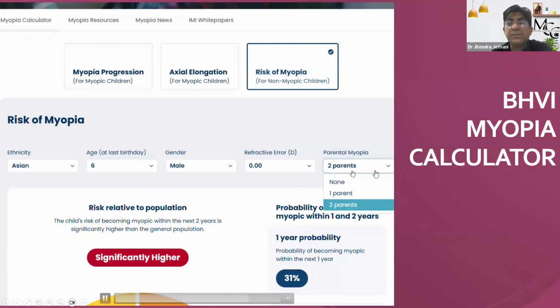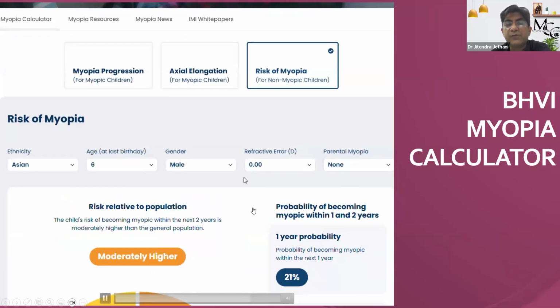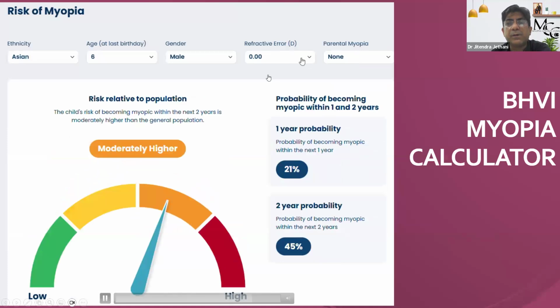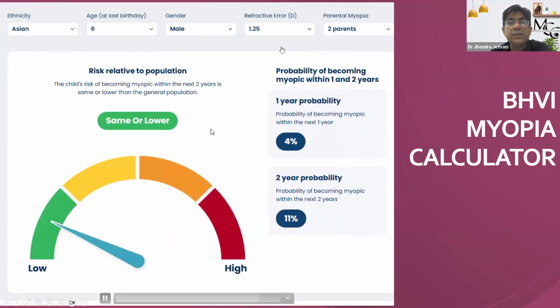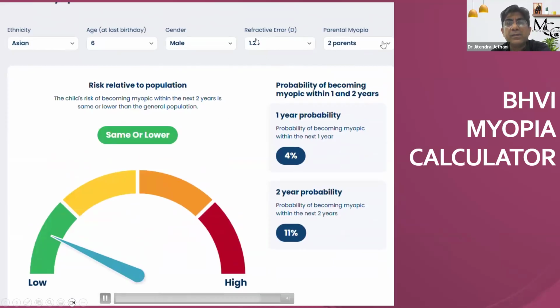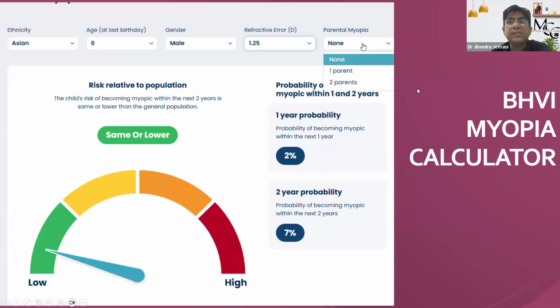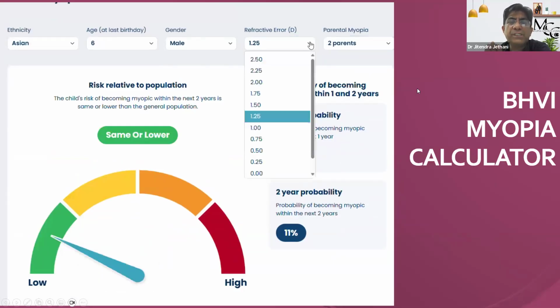The moment you change parental myopia, it becomes moderately higher. The moment you change it to a higher hyperopic reserve, it goes to significantly lower. So it is basically the baseline refractive error and parental myopia. These are the two things which tell you whether the patient will become myopic or not.